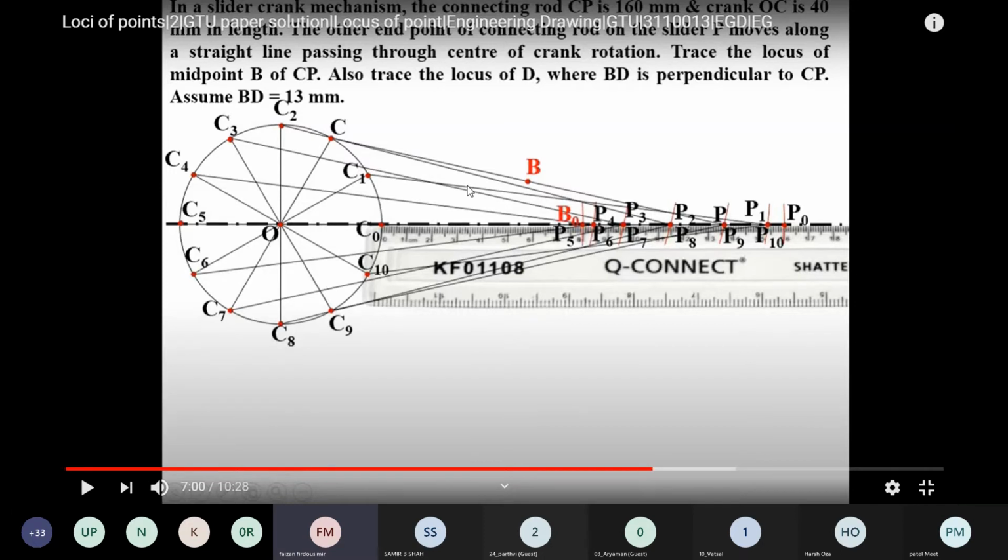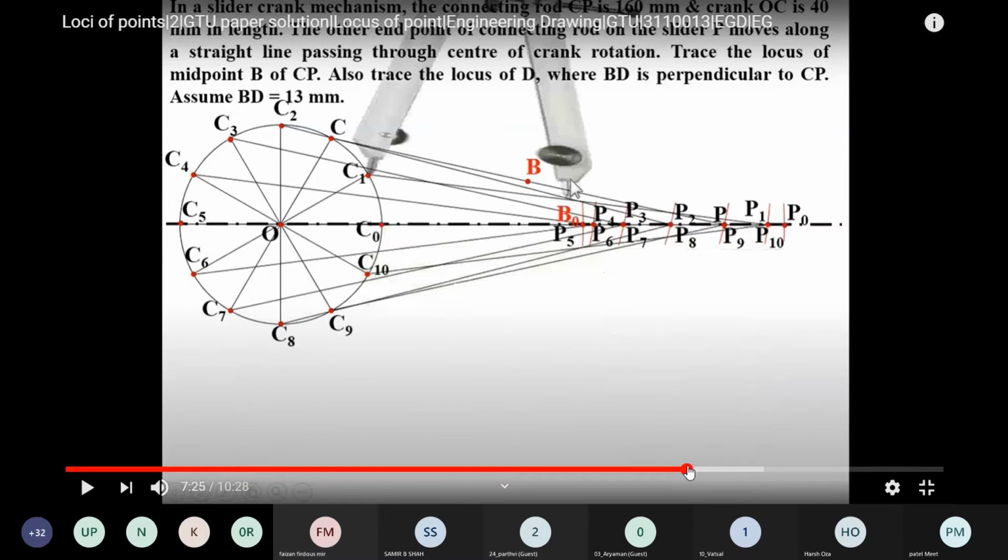Every time we take the same constant dimension. On the C1 P1 line we create point B1, on the C2 P2 line we create point B2, on C3 P3 we create B3, on C4 P4 we create B4, on C7 P7 we create B7, and on C10 P10 we create the B10 point.